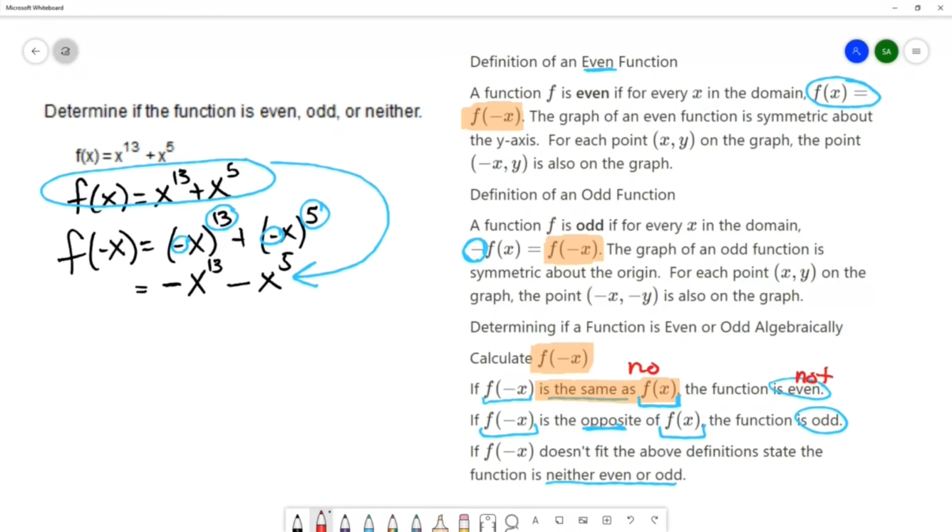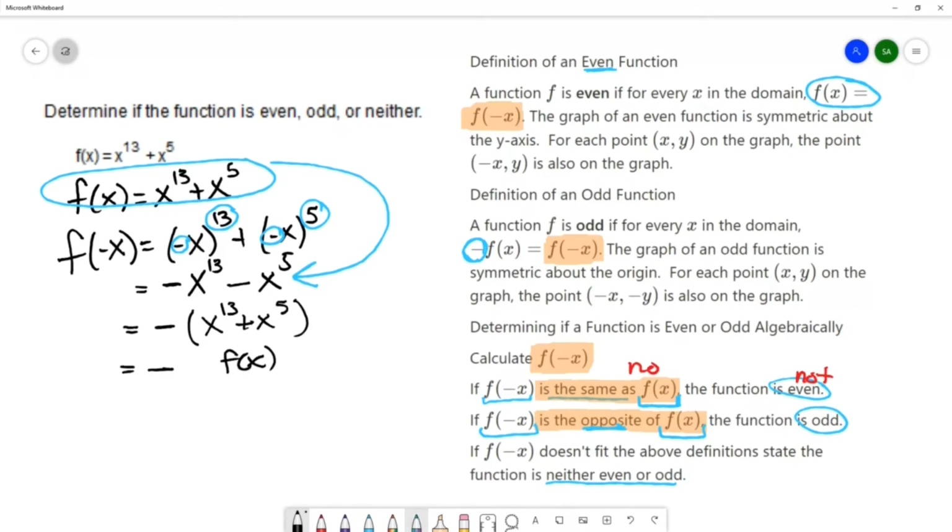And then we want to see, is it the opposite of f of x? If we factor out that negative, the negative will be the opposite. We factor out that negative, you can see that this is the opposite of f of x.